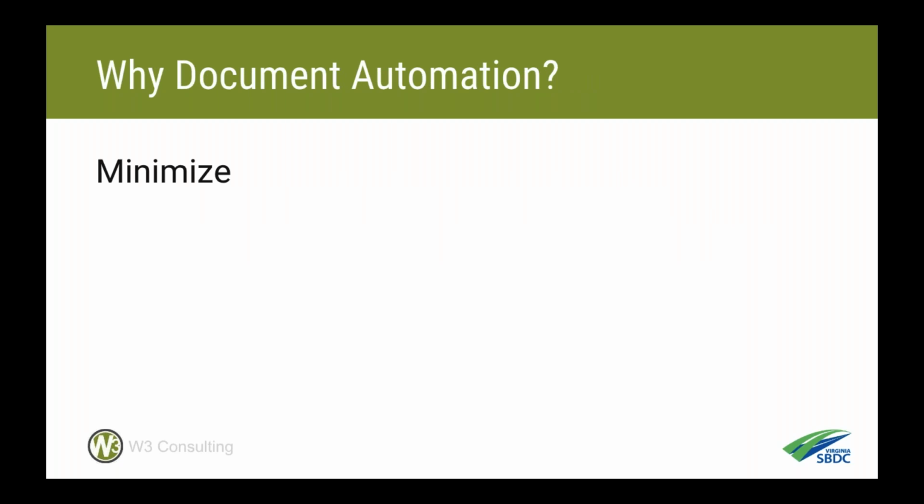What we know in terms of the benefits of document automation is that it really helps to minimize some things in business and maximize others. In the minimization category, we really want to minimize data entry, right? One of the things that business owners do quite frequently is that they have 4 or 5 disparate systems. You data enter a client's name and business name, potentially, if you're working with a business.